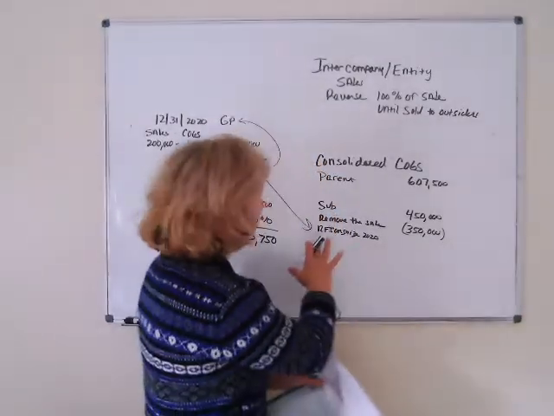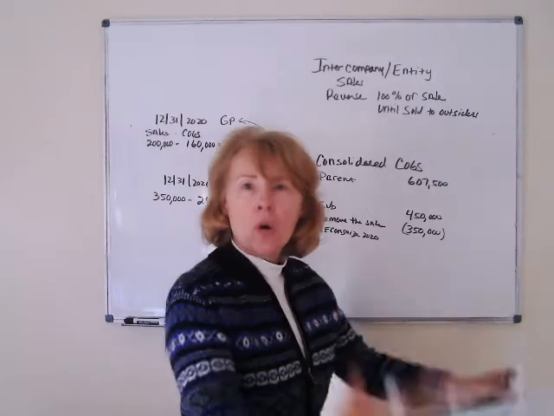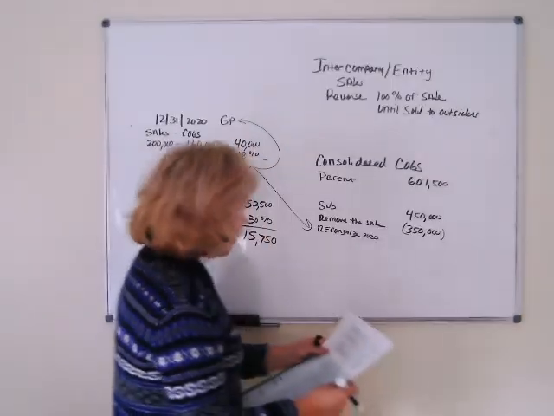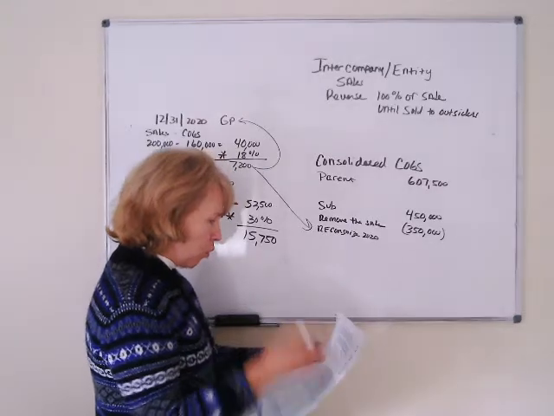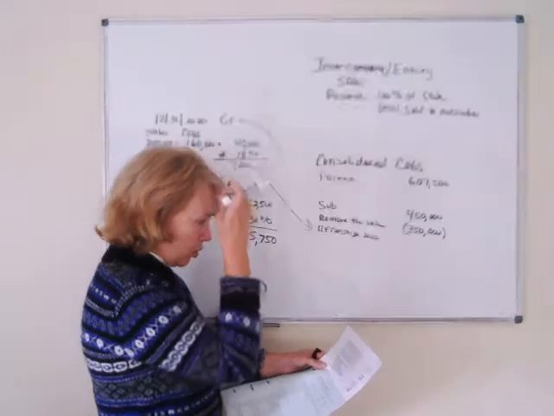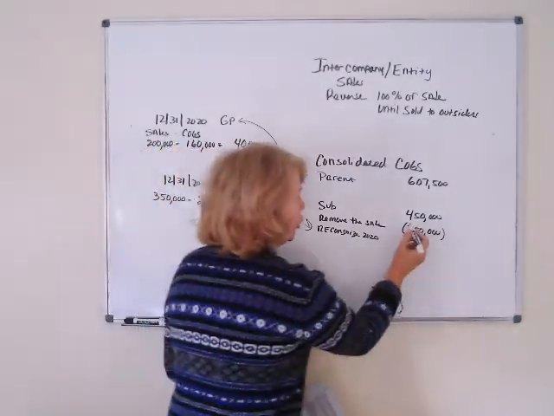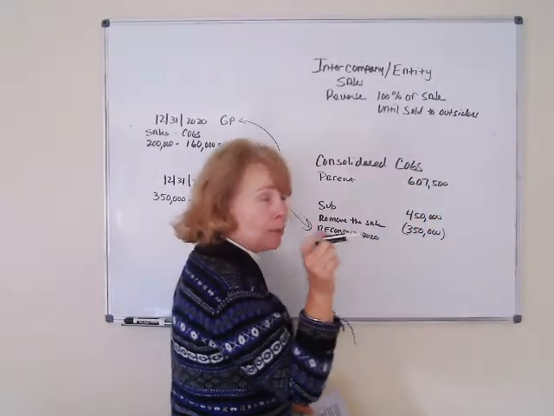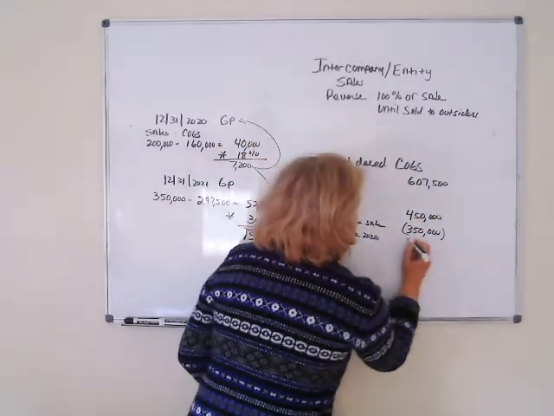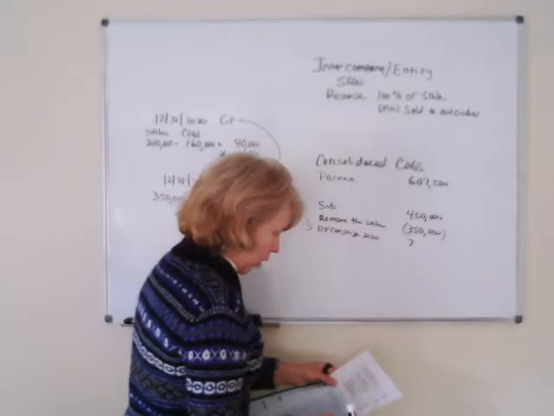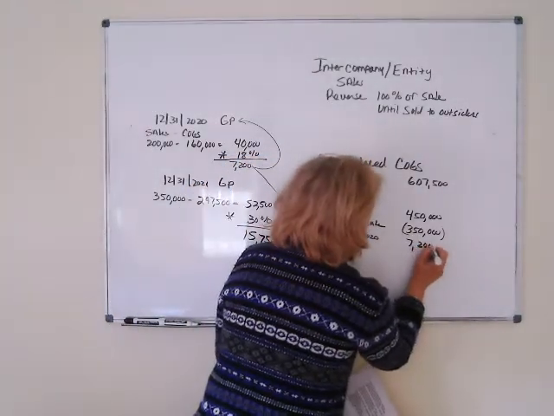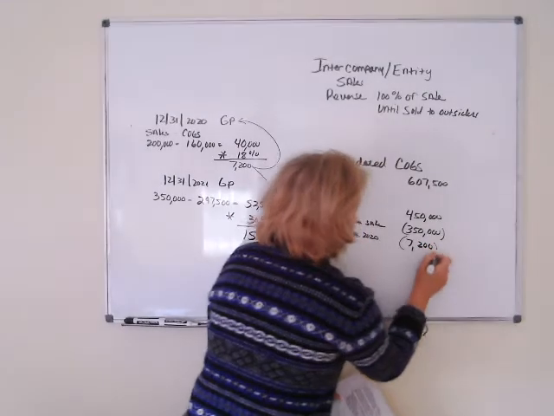That was your beginning inventory last year, and it's sold this year. So it's going to decrease your cost of goods sold, and we show that in parentheses.